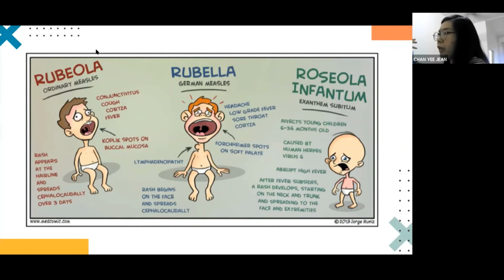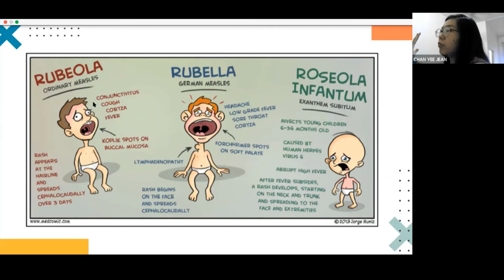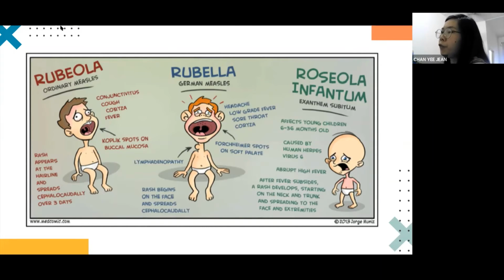If you look at Aisha's pictures just now, the picture with the kid with the rosella infantum rash looked very happy, right? He was smiling, but then the whole body was red, right? So that is rash after fever resolves, kid generally happy.